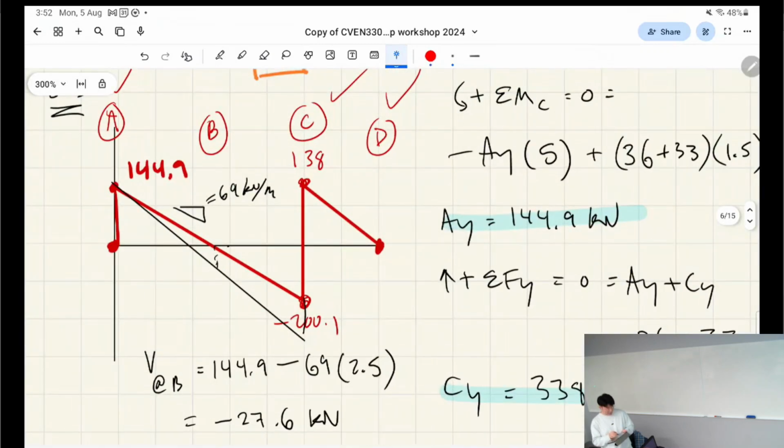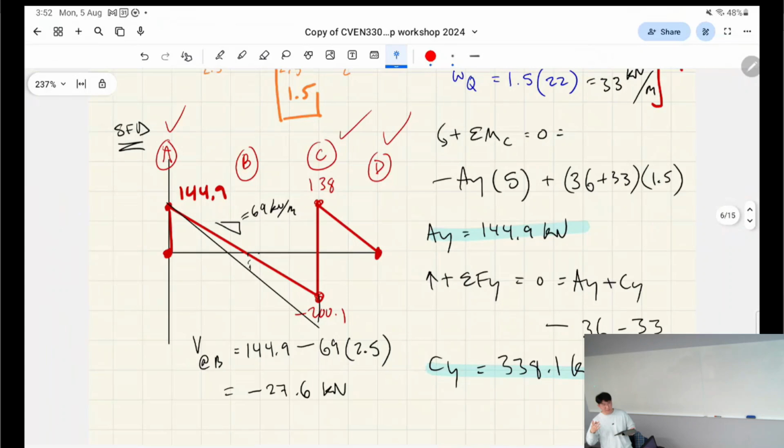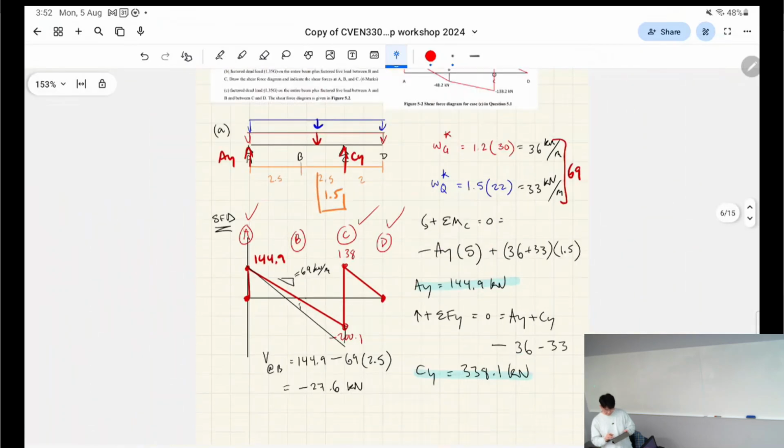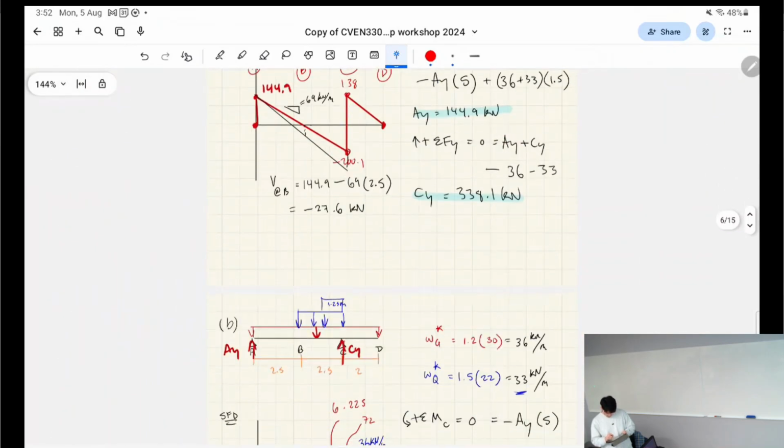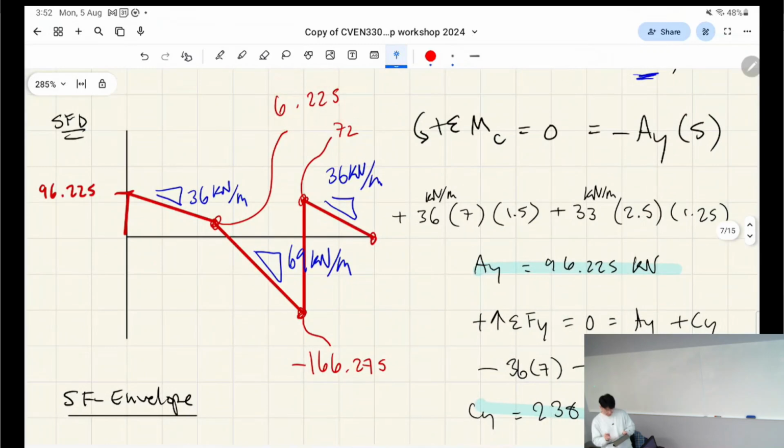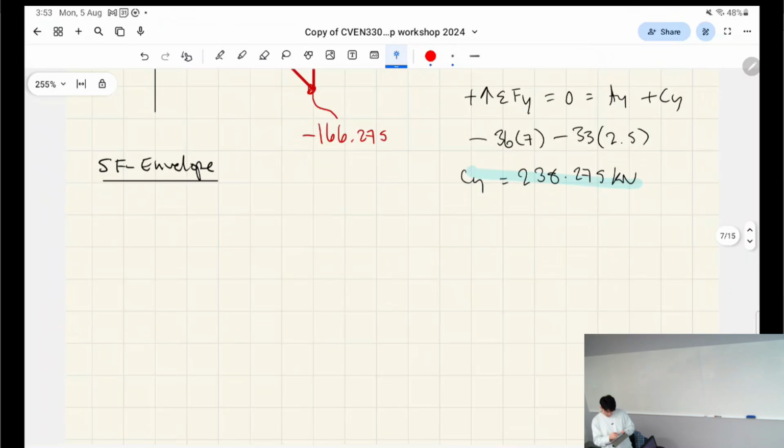However, when you have both the live and dead loads acting over the entire beam, it's going to under-exaggerate what the shear forces are in the middle of the beam, right? It's going to say there's 0 shear force in the middle of the beam. We know that's not necessarily true, right? So that's why we need to account for case C, which gives a shear force of negative 48.2, and case B, which gives a shear force of 6.225, okay?